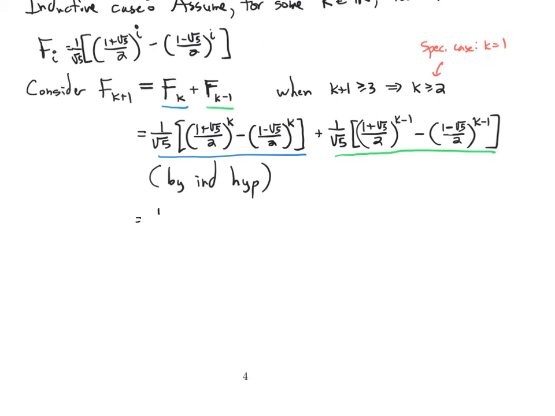So this is the same thing as 1 over root 5 times, and maybe just to make things a little easier so we can see what's going on a little clearer, I'm going to call 1 plus root 5 over 2 a plus, since there's a plus in the middle there.